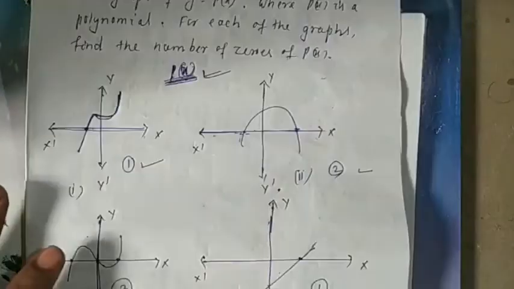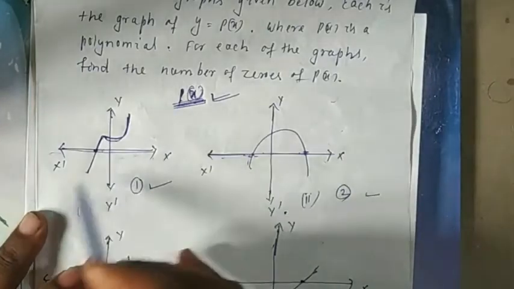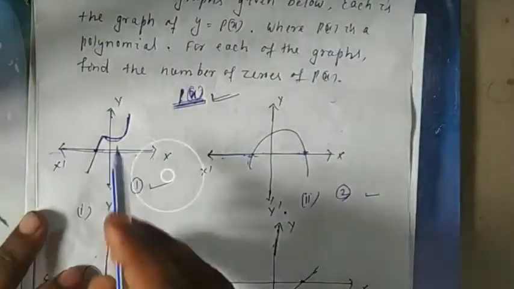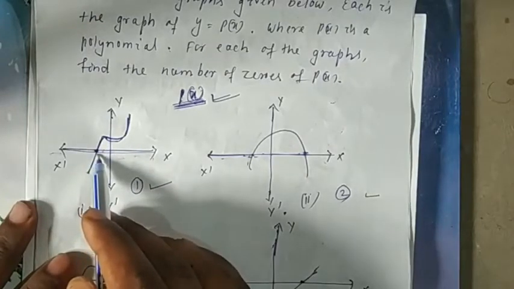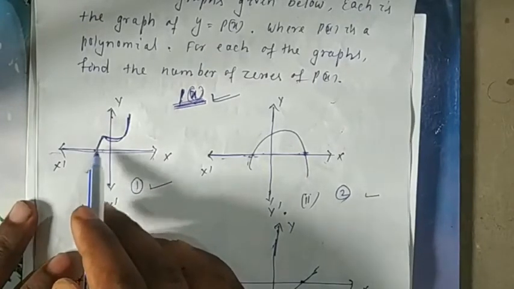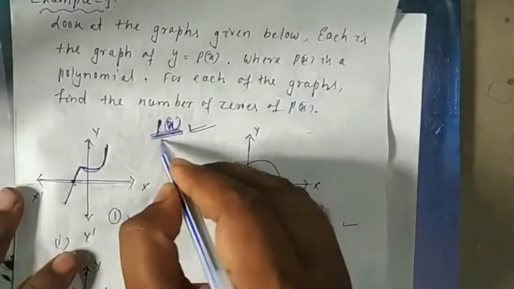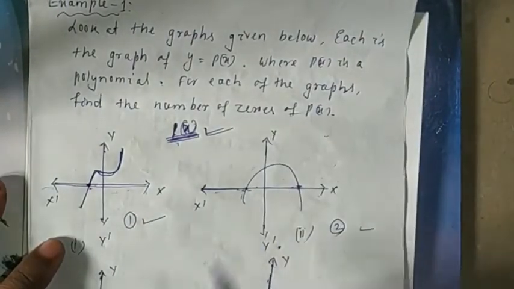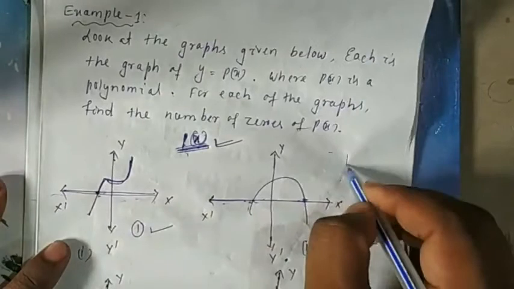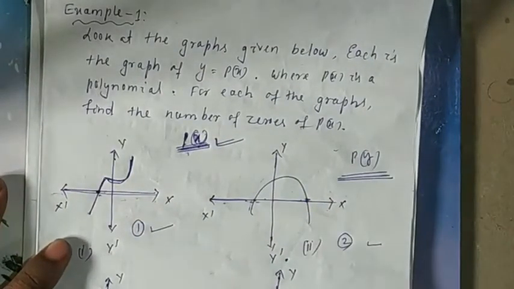Understood? You have to check at how many points the graph intersects the x-axis. That number of points is the number of zeros. Suppose in the same graphs the polynomial is given as p of y.